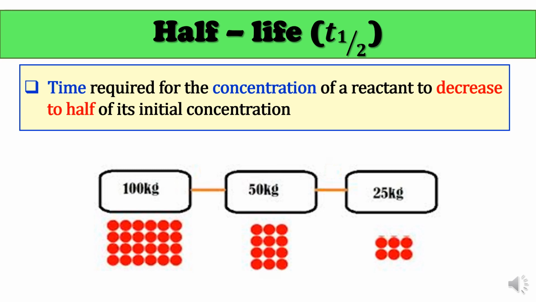So half-life is the time taken for the mass to become half of its initial mass, from 100 kg to 50 kg, and from 50 kg to become 25 kg.